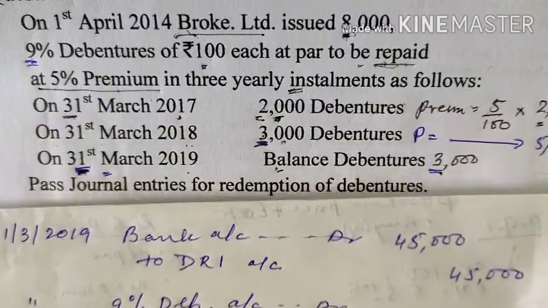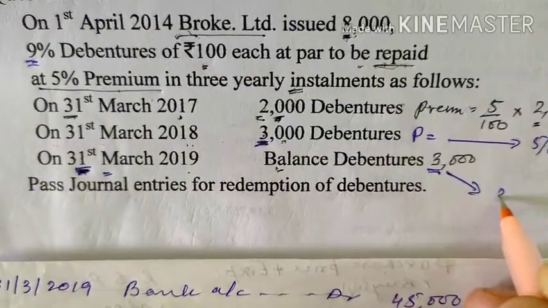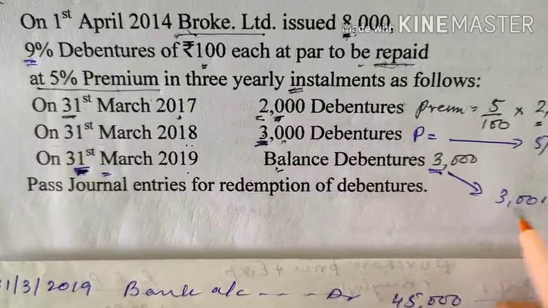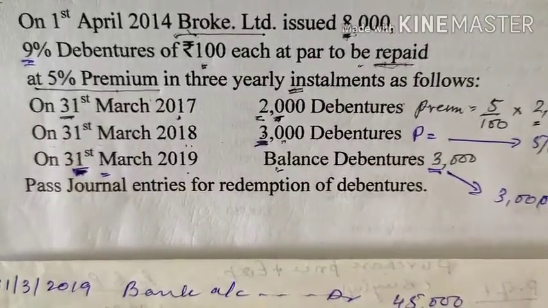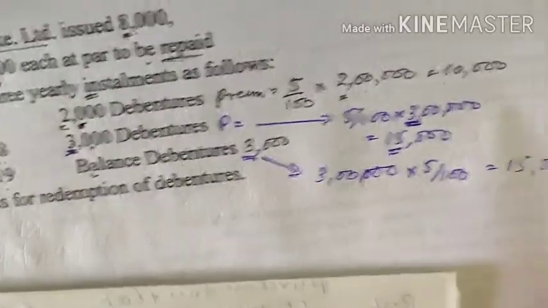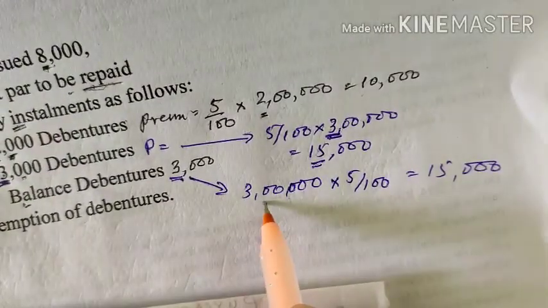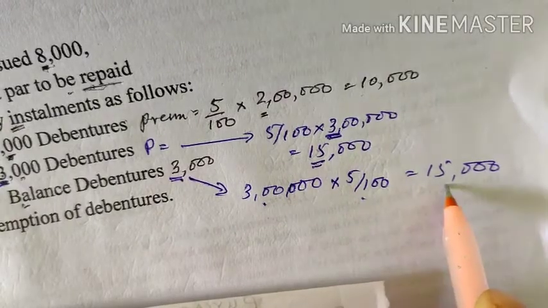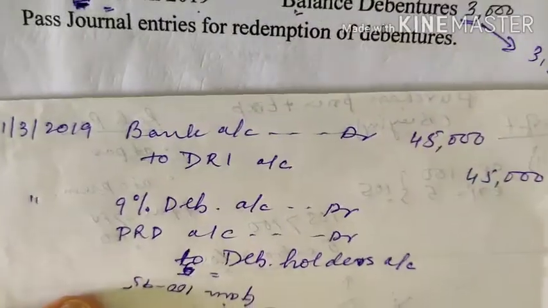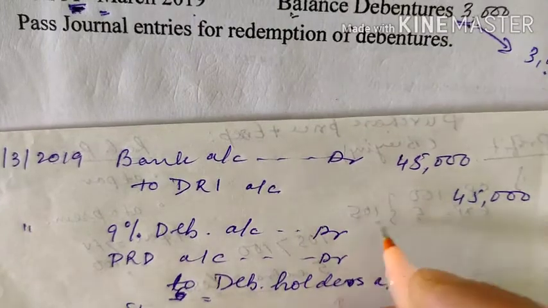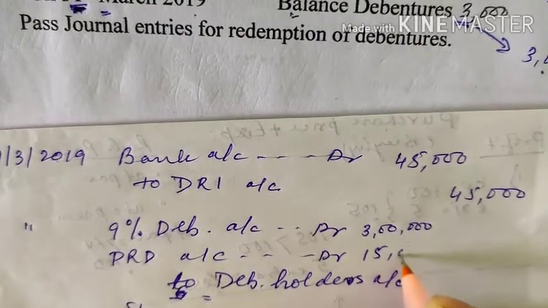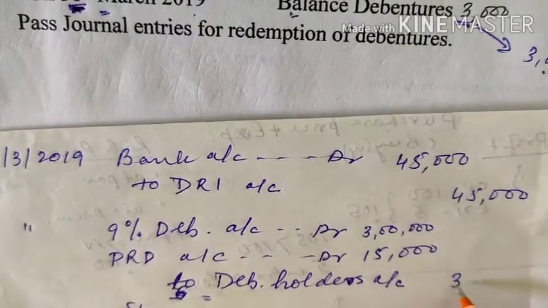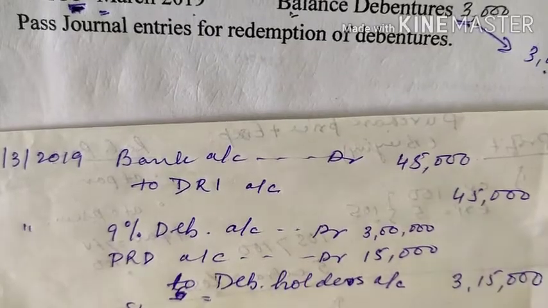Now let's say here it is 3 lakhs the face value. Okay, it is paid at 5% premium, so 3 lakhs at 5% premium will give you 15,000. So the nominal value of debentures paid is 3 lakhs, PRD is 15,000, so total amount to be paid is 3 lakhs 15,000.